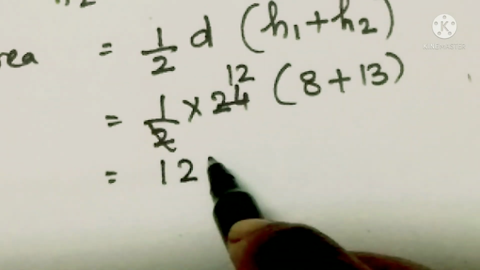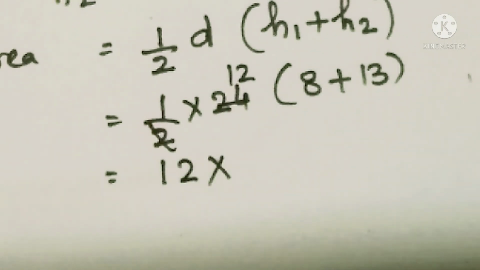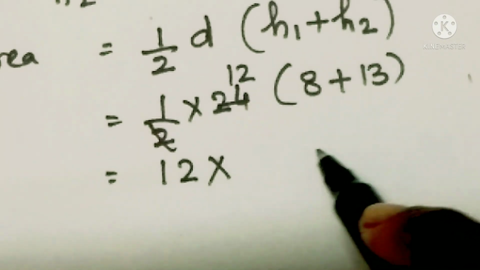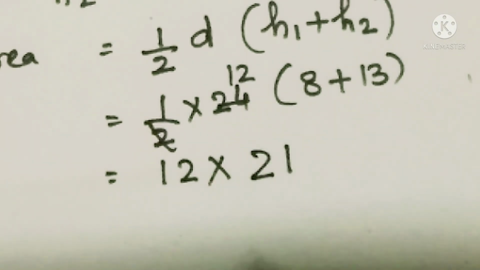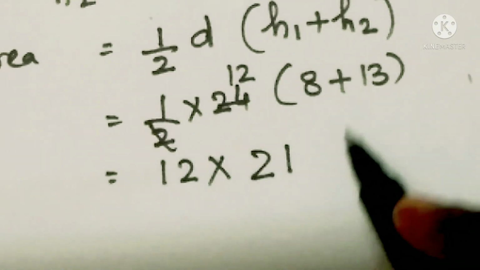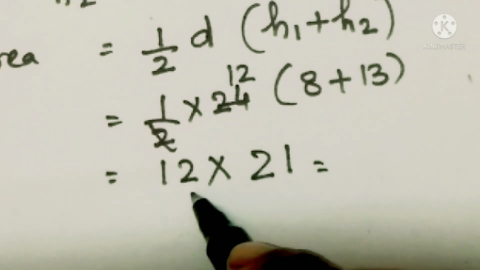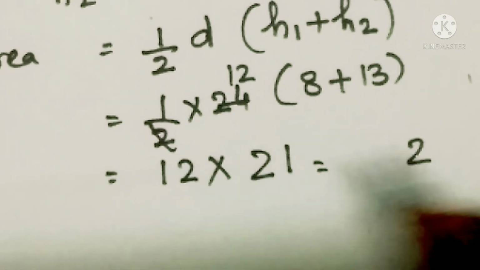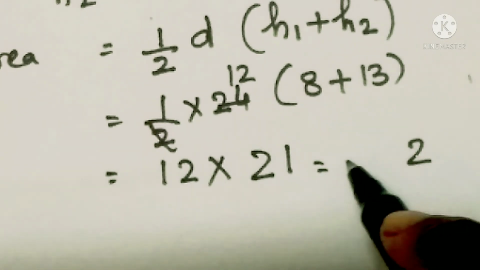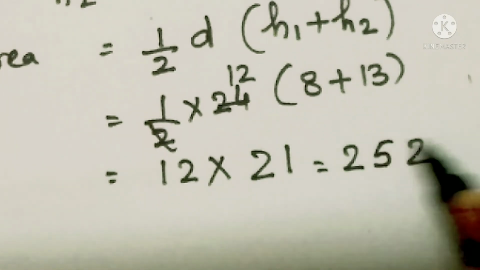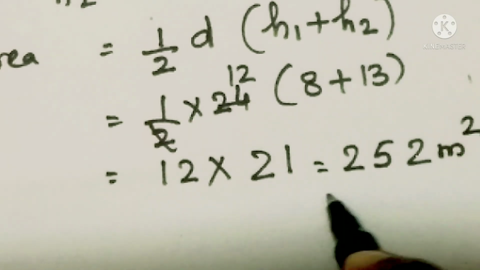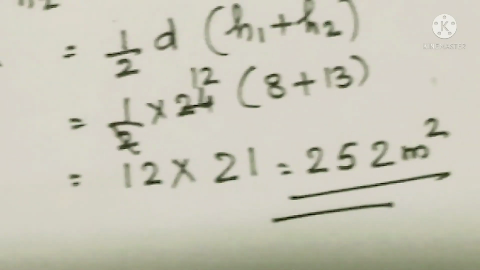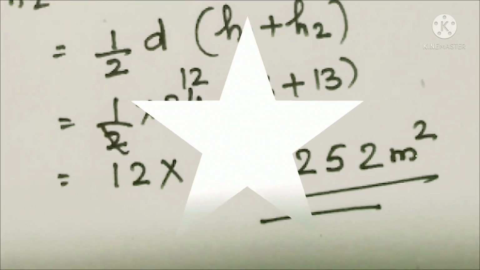So 12 into 13 plus 8. How much? 21. So when you multiply, what do you get? 12 ones are 12. 12 twos are 24 plus 1, 25. So you get 252 meter square.